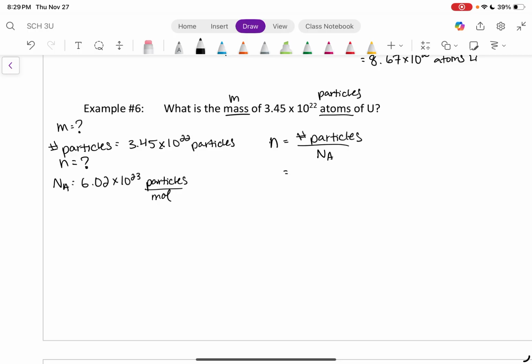So I'm going to substitute in my values. This is step 1, by the way. So 3.45 times 10 to the 22 particles over 6.02 times 10 to the 23 particles per mole. I'm not going to write it this way for my units. I'm going to go times mole over particles.